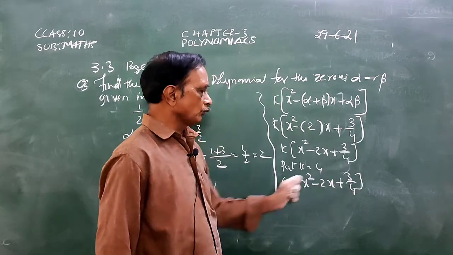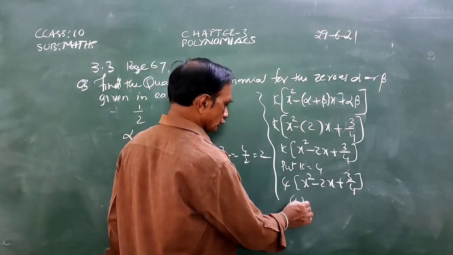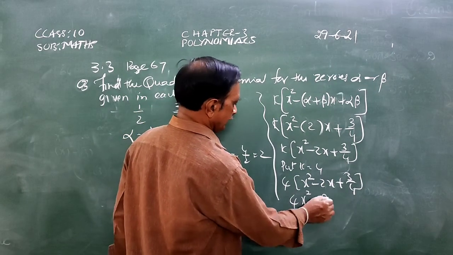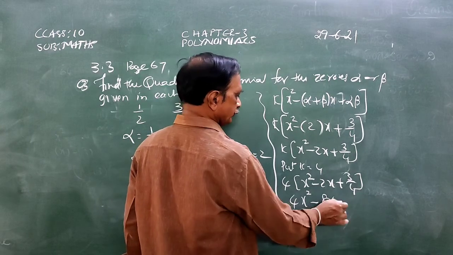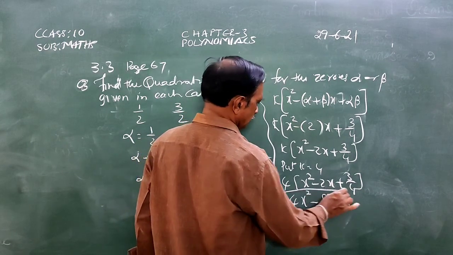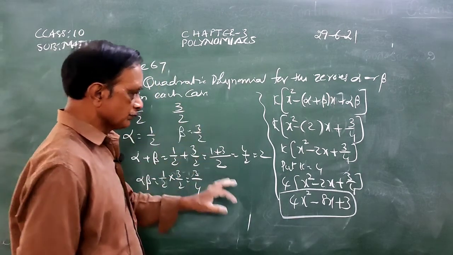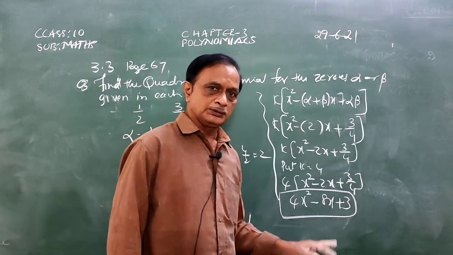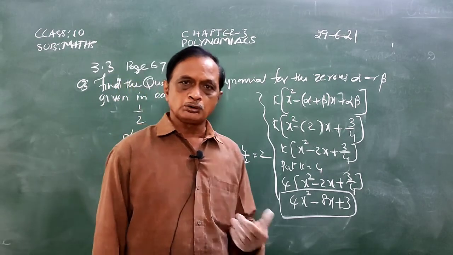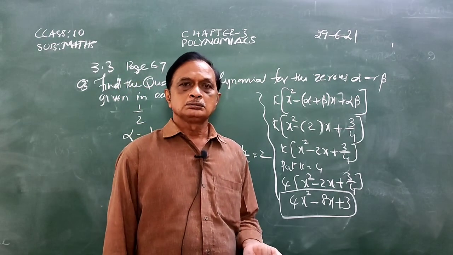Multiply these by 4: 4x square minus 8x. 4 into 3 by 4 gives what? Plus 3. Now the required quadratic polynomial whose zeros are 1 by 2 and 3 by 2 is 4x square minus 8x plus 3.